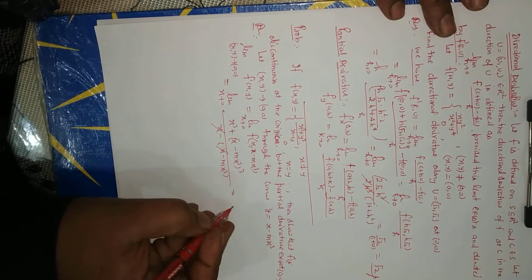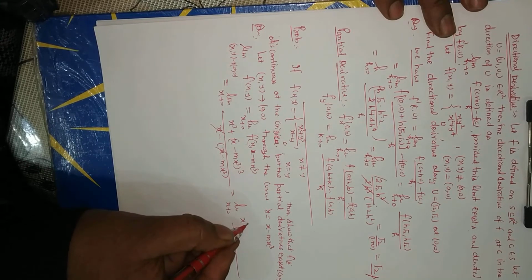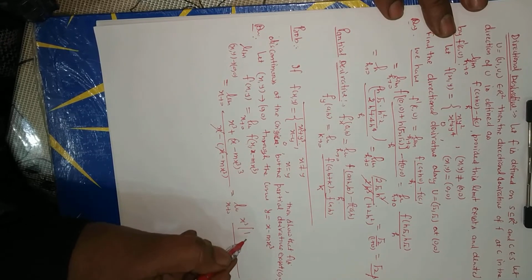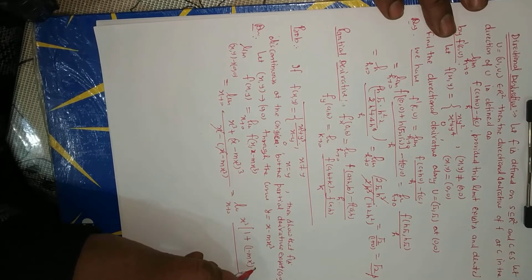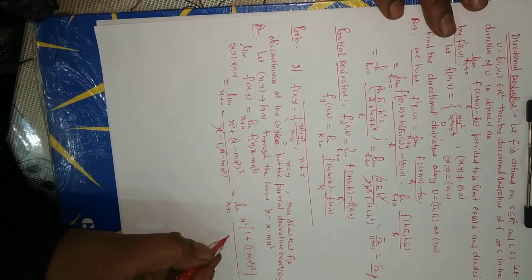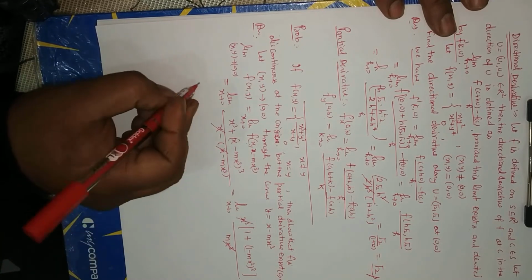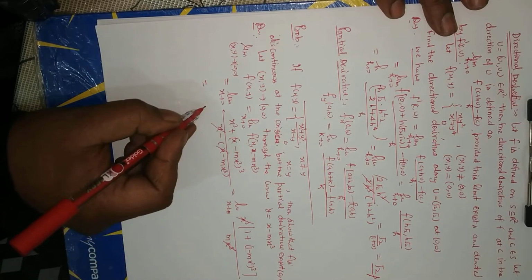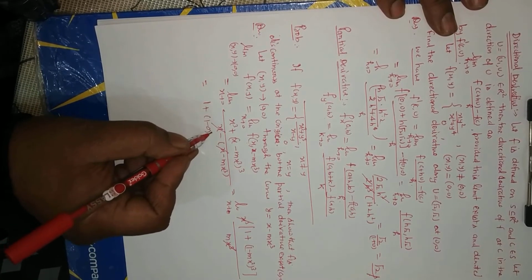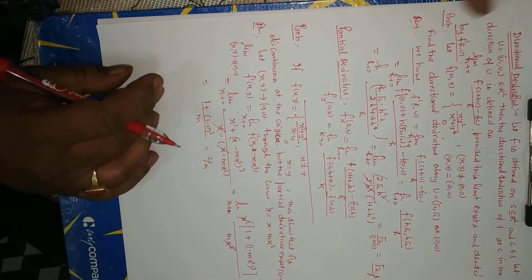Now taking common x cube, then we get 1 plus (1 minus m x square) whole cube upon m x cube, sorry. Now this cancel by this. Now putting the value of x as 0, then we get 1 plus (1 minus 0) whole power 3 upon m. This is equal to 2 by m. Okay.